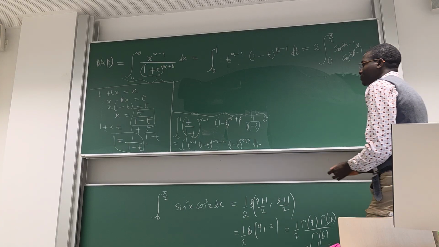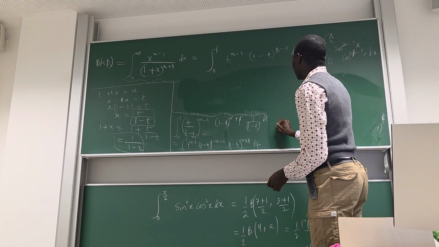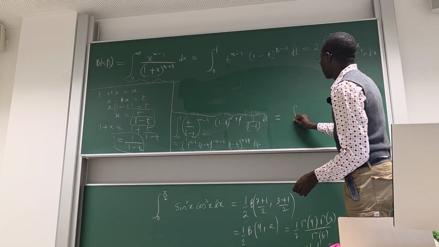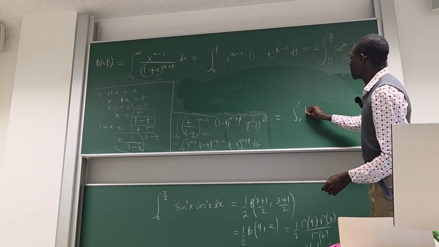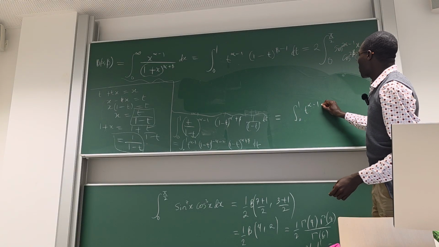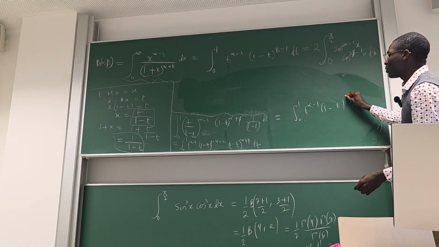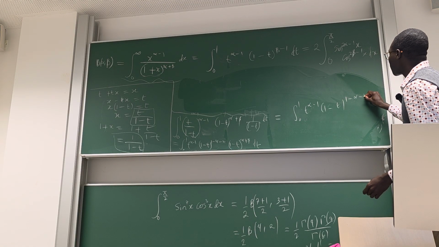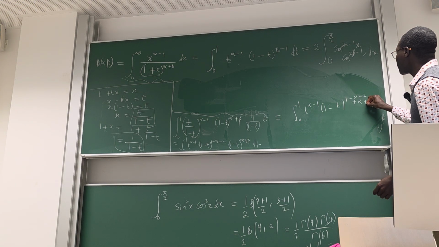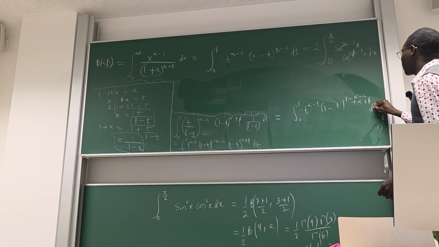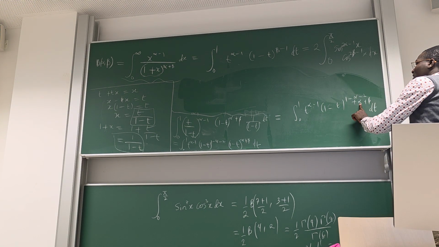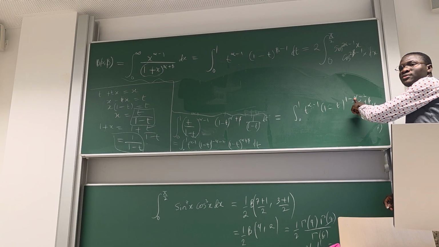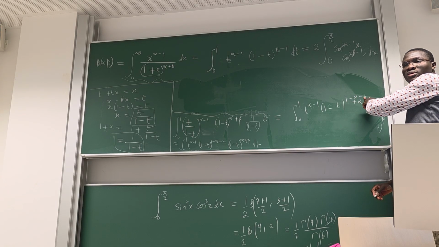So this integral would be equal to the integral from 0 to 1 of t to the alpha minus 1, 1 minus t to 1 minus alpha minus 2 plus alpha plus beta dt. Alpha minus alpha is 0, and 1 minus 2 is minus 1.